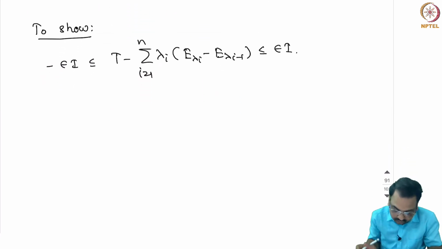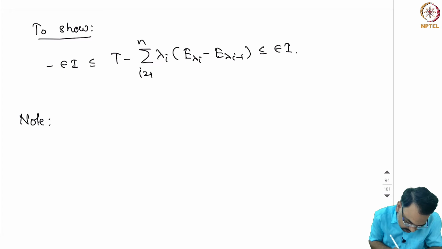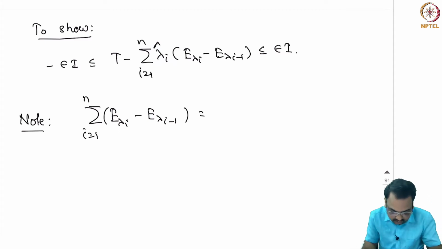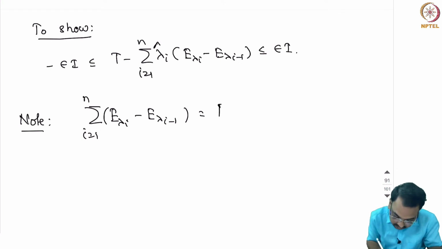Okay, now note that if you look at summation i equal to 1 to n of E lambda i minus E lambda i minus 1, we will get E lambda n minus E lambda naught, that is EB minus EA.